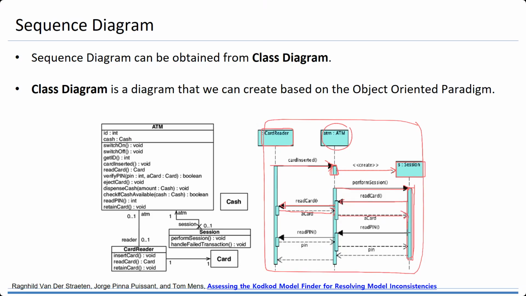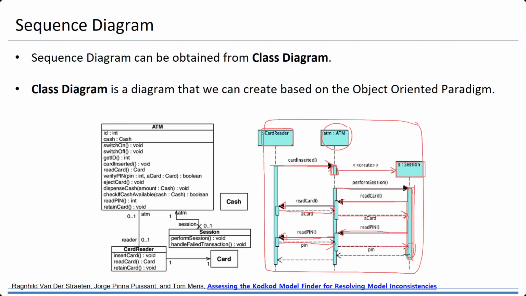And then the session will ask the machine to get the PIN. Then the ATM will show the display: what is the PIN from the user? The user will enter the PIN, and after the user gives the PIN, it goes to this session and it will be checked.